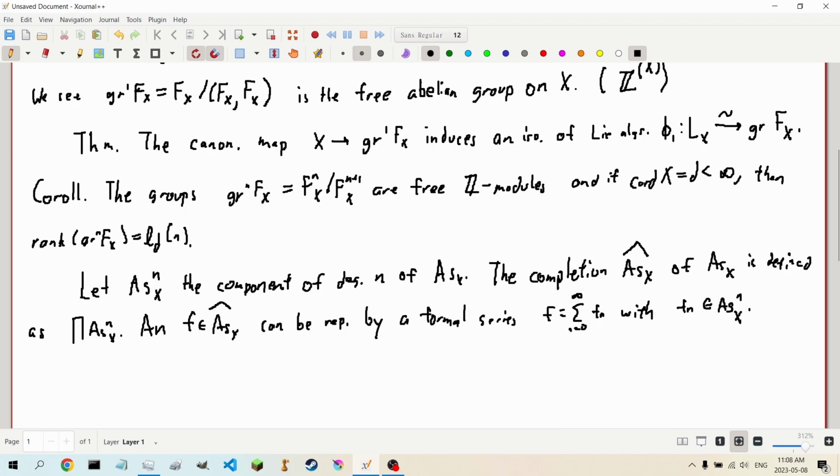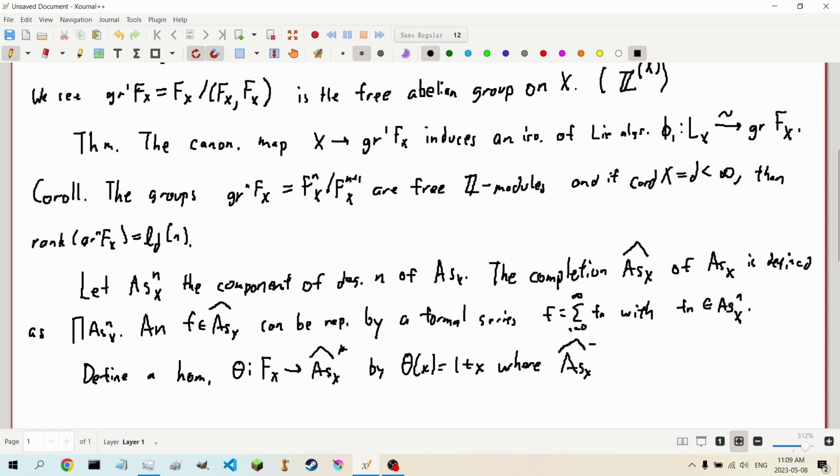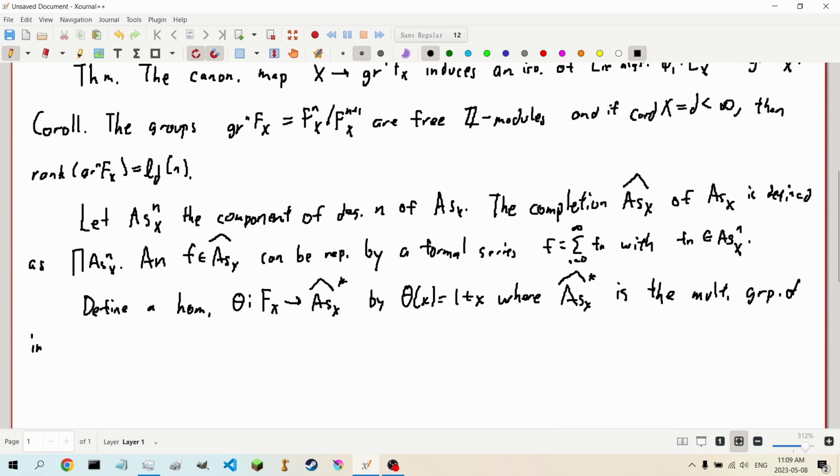So, define a homomorphism theta from F(X) to AS(X) hat star, we'll see what that is in a bit, by theta of x equals 1 plus x, where this very confusing AS(X) hat star is the multiplicative group of the invertible elements of AS(X) hat.